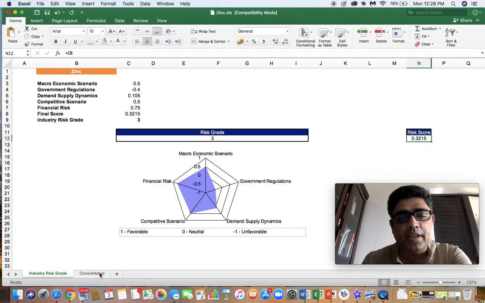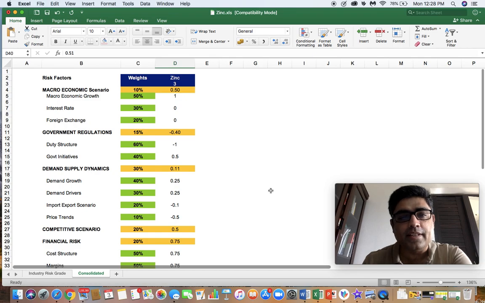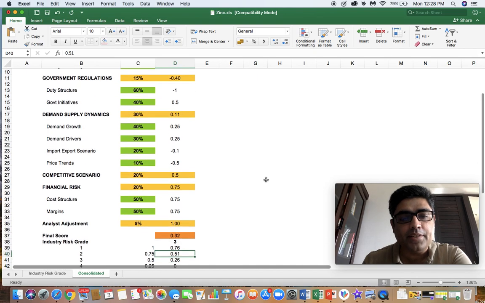So if you go to this sheet, consolidated, as you see over here, this is in context of the industry which is dealing in zinc, right? These are the broader heads, as I mentioned just now: macroeconomic scenario, government regulations, demand supply dynamics, competitive scenario, and financial risk, right?